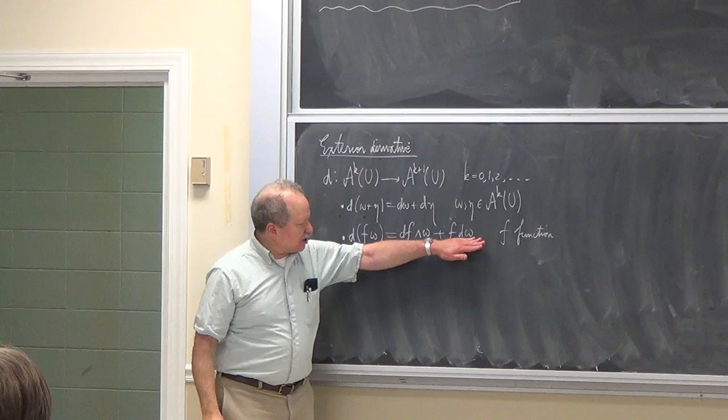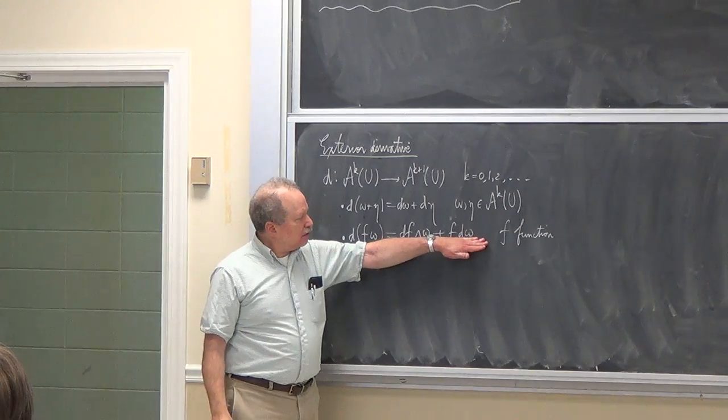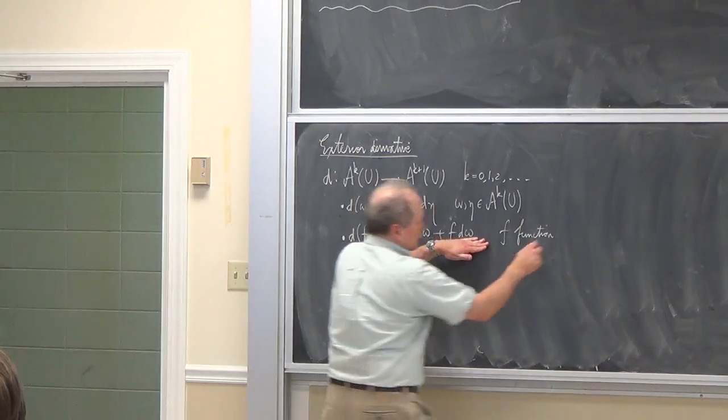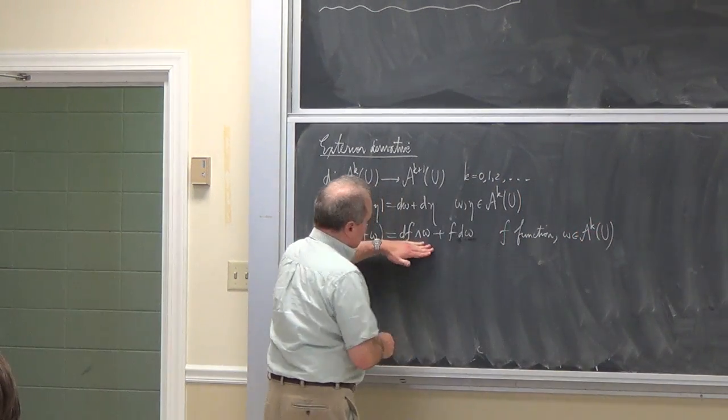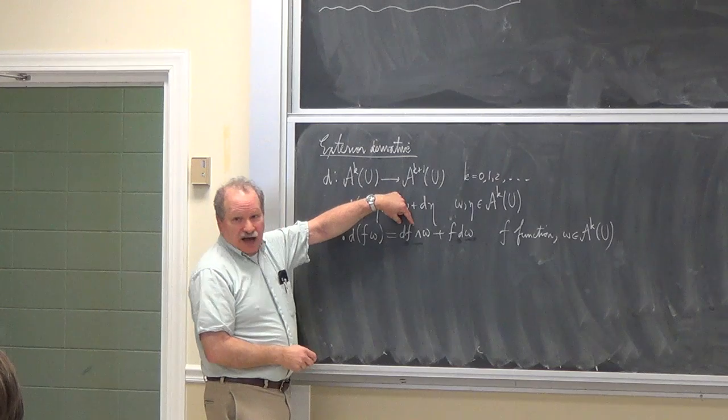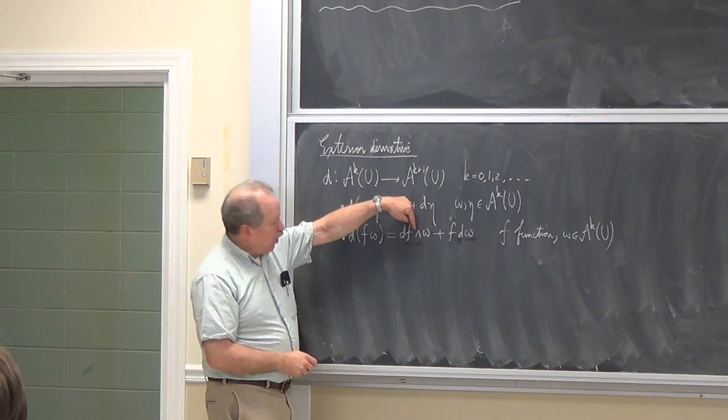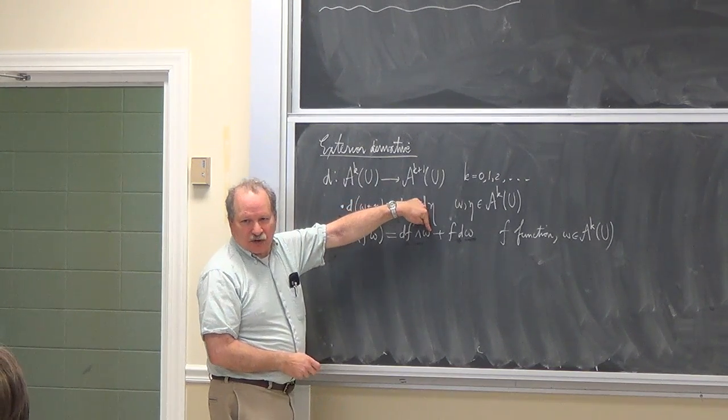So this is a k plus 1 form. Omega is a k form. This is a k plus 1 form because you're taking df, which is a 1 form, wedging it with a k form, and that's a k plus 1 form.